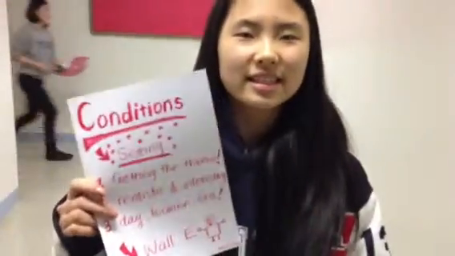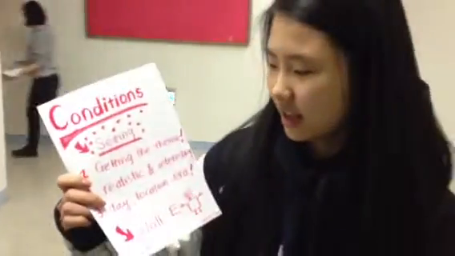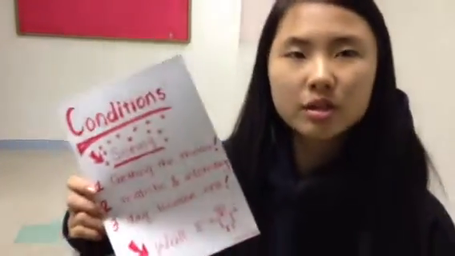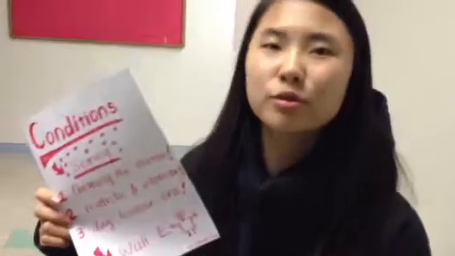Conditions is basically the setting of a story. First, it helps viewers get the theme, and second, it makes the story more realistic and interesting. And third, it includes day, location, and era, so it's important to remember those three.